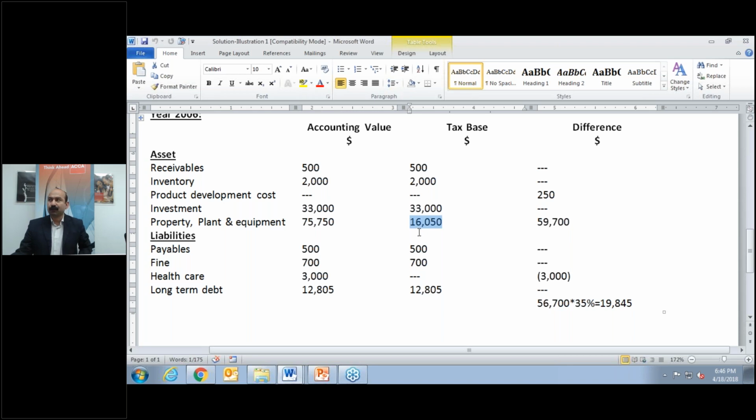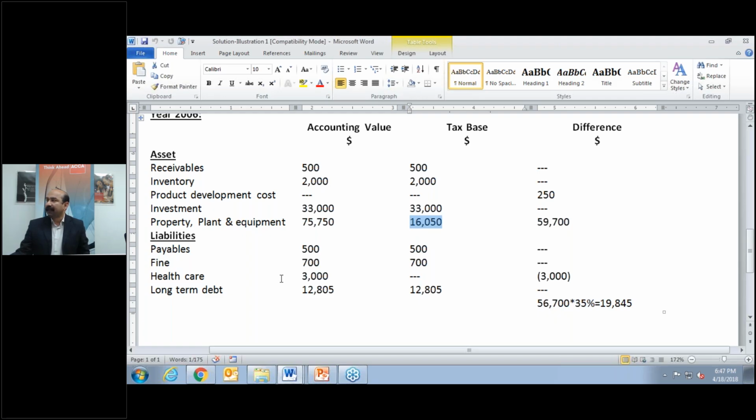because normally in most of the countries, tax authorities do not follow accounting principles. Revaluation is a concept of IFRS. So if tax law does not incorporate this concept, then of course the tax base will simply be based on tax depreciation. So this will become your difference.